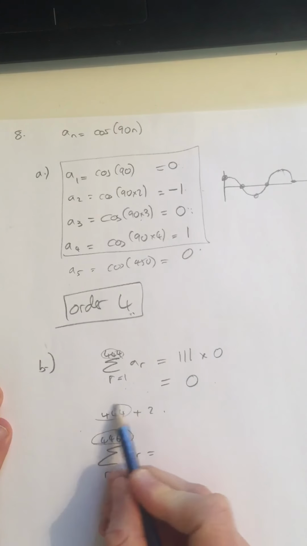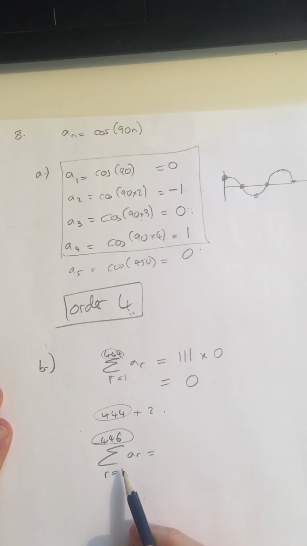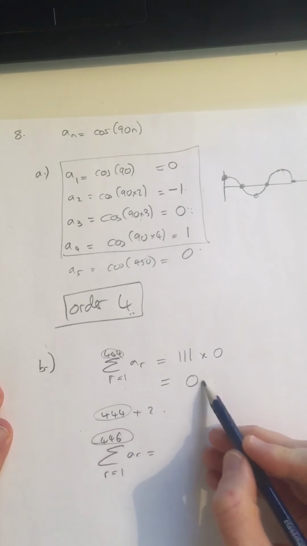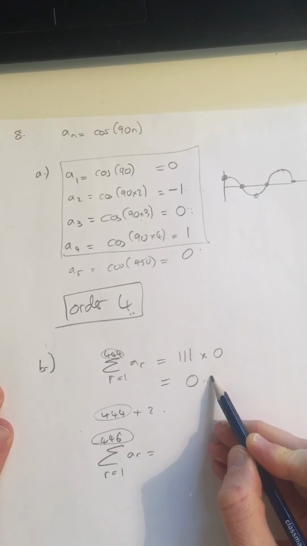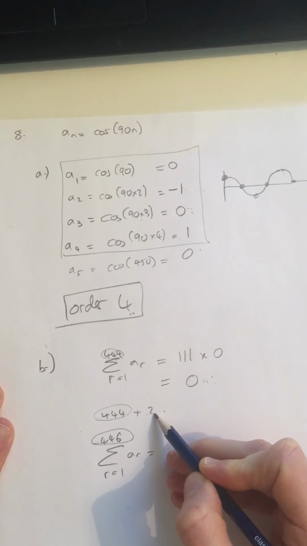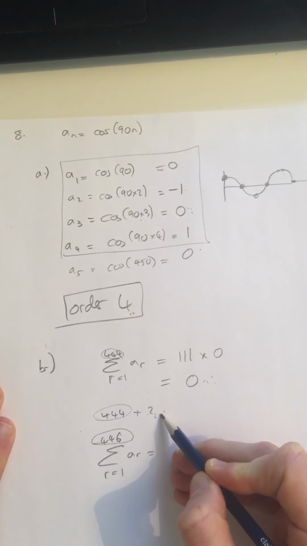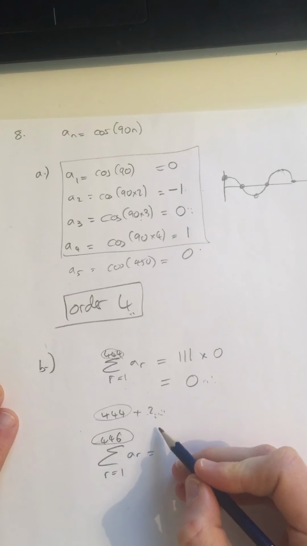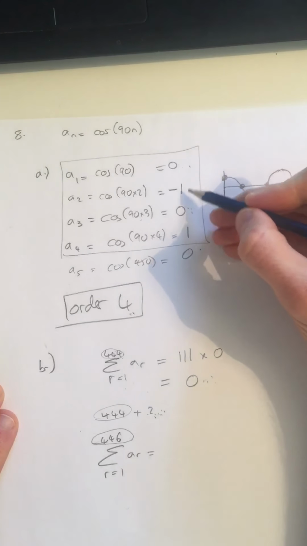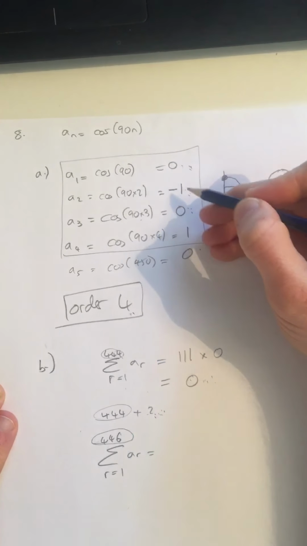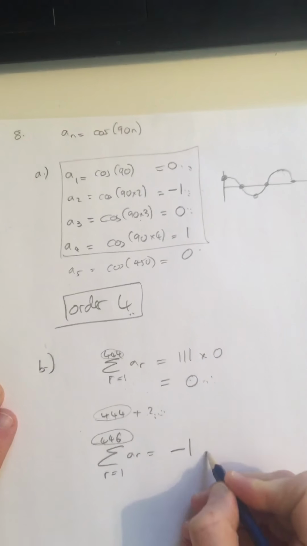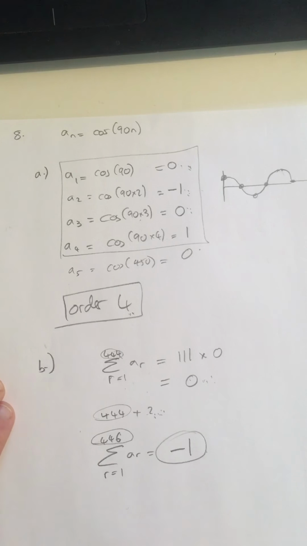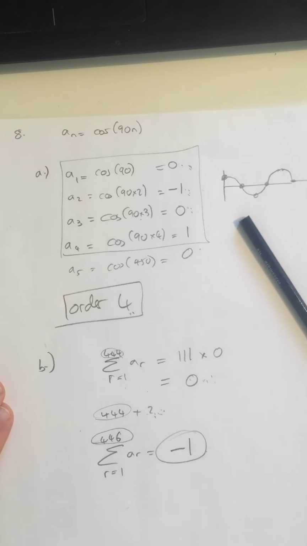So I'd work out the sum of the first 444 terms, which I've done there already, which I know is 0, and then add the sum of the next 2 terms to that. The next 2 terms, the 445th term and the 446th term, will be those 2 numbers. So 0 plus 0 plus minus 1 would be minus 1. And that's how we can work out the sum of periodic sequences.